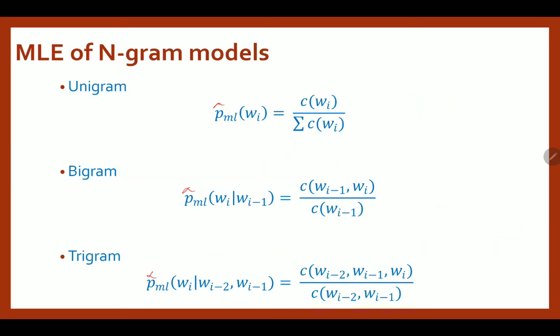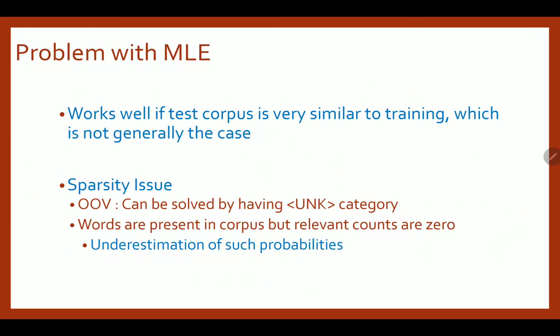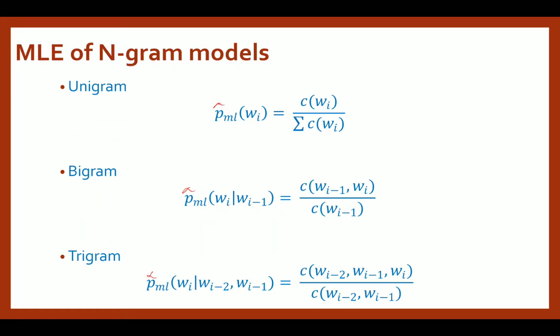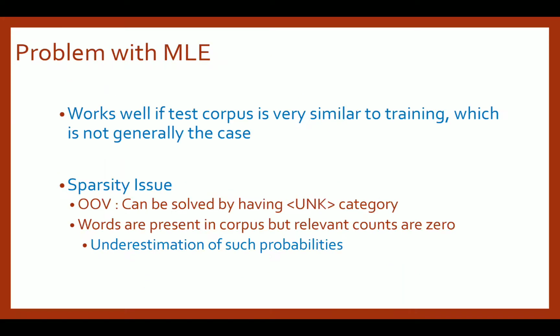As we also discussed in the last class, we have these sparsity issues, and there are two kinds of problems. If some words have not occurred, in the unigram models you can at least take care of that using an unknown category.